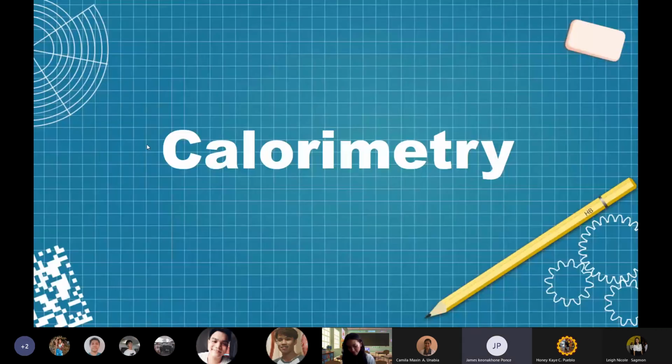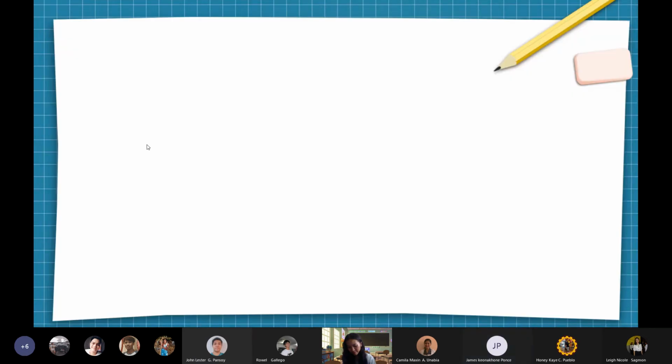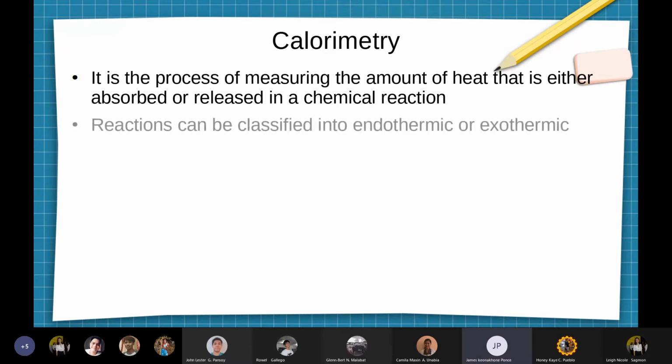So I will be talking about calorimetry. Calorimetry is the process of measuring the amount of heat that is either absorbed or released in a chemical reaction. These reactions are classified into endothermic or exothermic. Endo means taking in heat, as you can remember by the word endo, in.